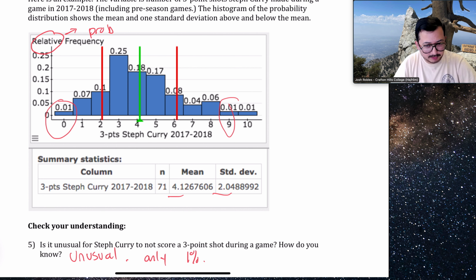Right, 0.01 is 1%. So we're going to continue in the class and end up describing how do I know if something's unusual. Like 1%, I think everyone agrees that's not very likely. 30% chance is kind of likely. It's not super unusual if something happens 30% of the time.